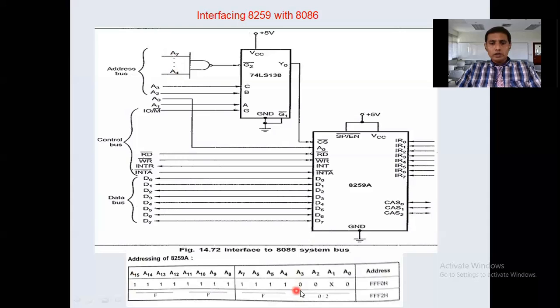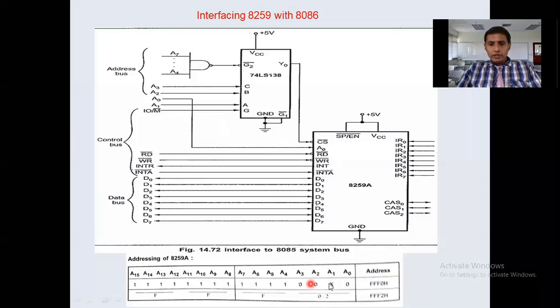Then what is the next one? A0 is connected to A0. We can select, for example, A0 is 0. Then for A1, A2, A3, I can select A1 as either 0 or 1, while A2 and A3 must be zeros.